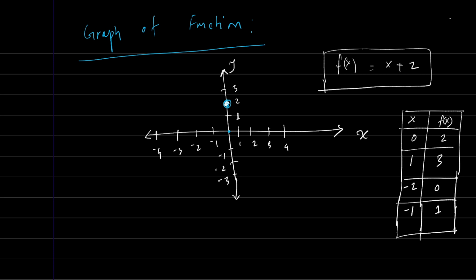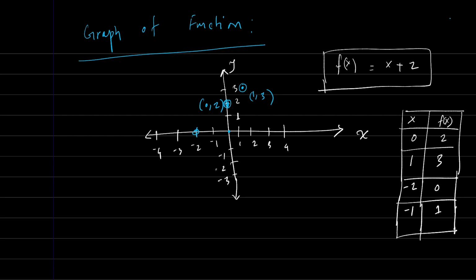So the coordinate of this point is 0, 2. 1, 3. This is our next point. -2, 0.